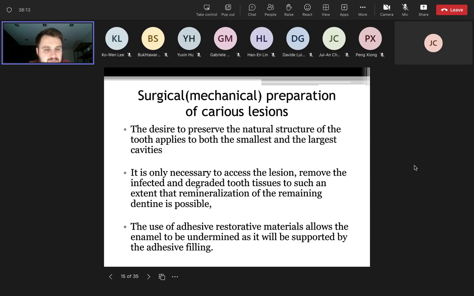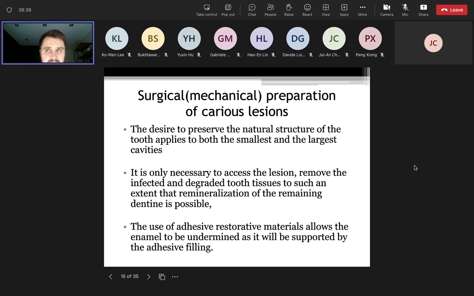So when we talk more about mechanical preparations, we have to consider preserving the hard tissues in every case. It is not important whether it is a small cavity or even the largest cavity.